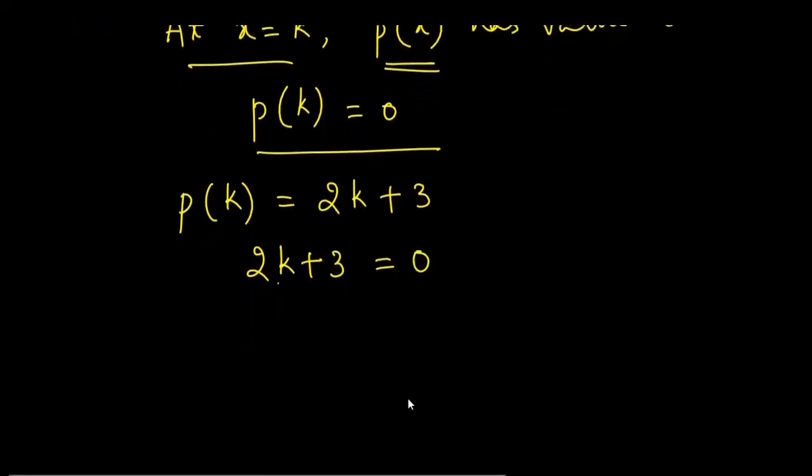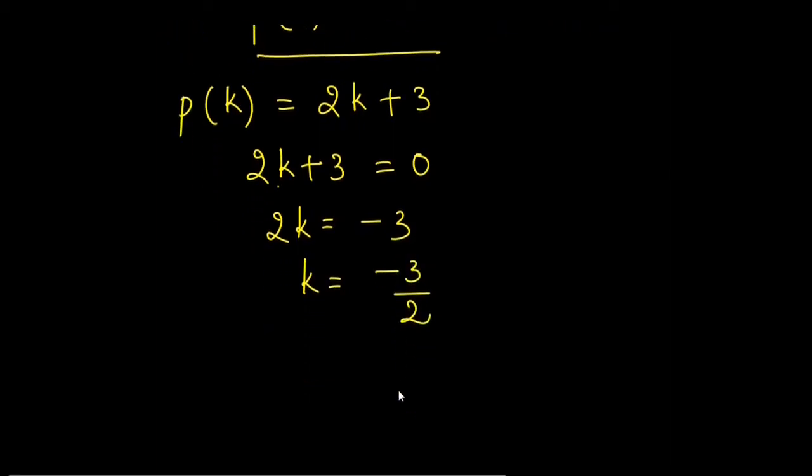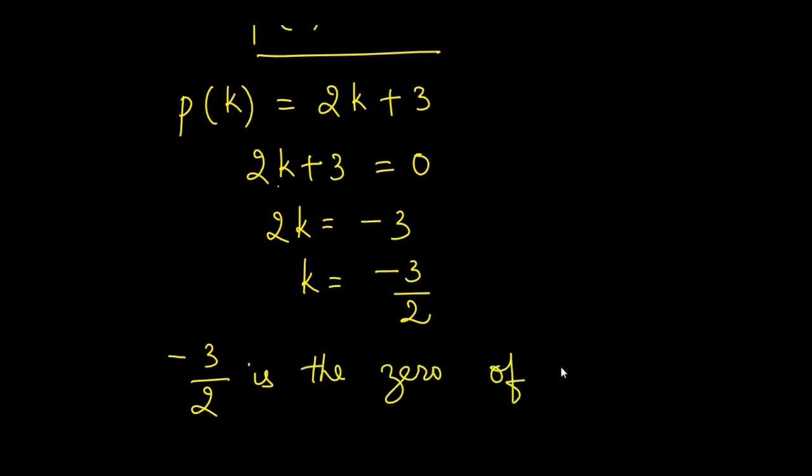If we solve this equation for k, we will get the 0 of p of x. 2k is equal to minus 3. Then k is equal to minus 3 by 2. So here minus 3 by 2 is the 0 of 2x plus 3.